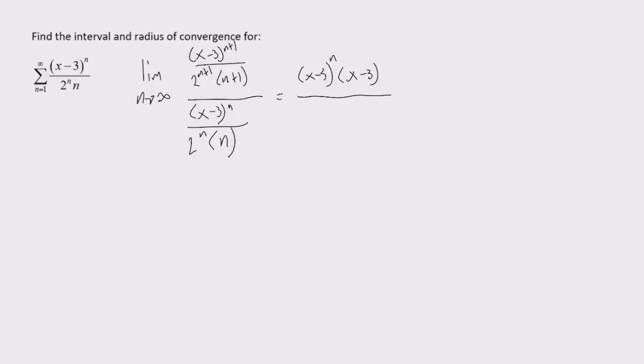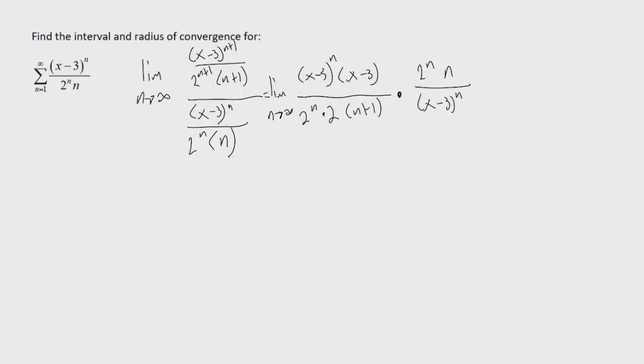And I can do that same analysis with the 2 to the n times 2. And then we have an n plus 1 there. Make sure our limit stays there. And then I'm going to multiply that by the reciprocal of the fraction here. So we got 2 to the n times n over (x minus 3) to the n.